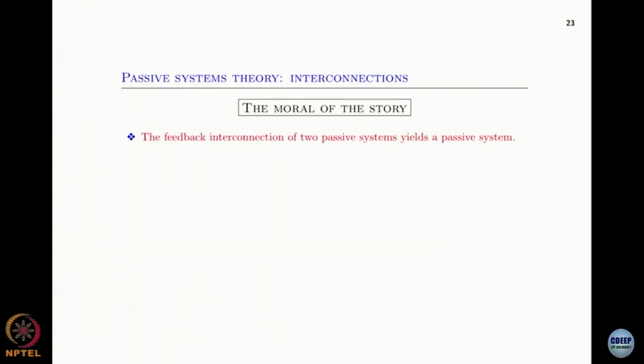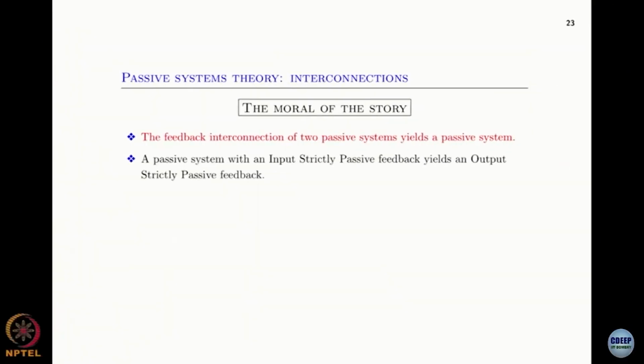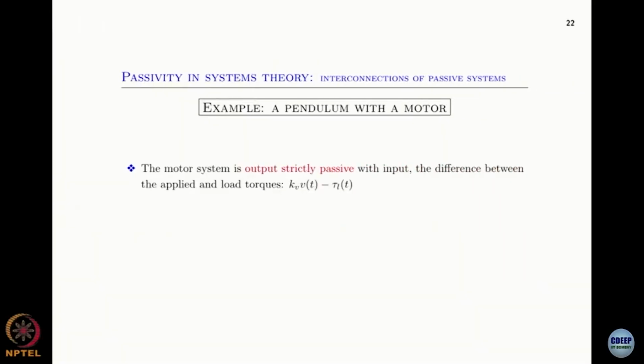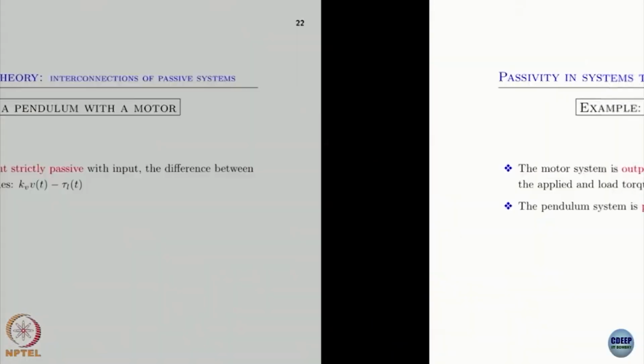So again, the feedback interconnection of two passive systems yields a passive system. A passive system with output strictly passive feedback yields an output strictly passive system. In interconnected form it will become output strictly passive. That's the case that I showed you with the electrical circuit with just the additional resistor, right?